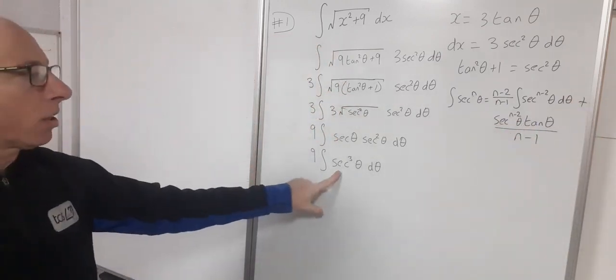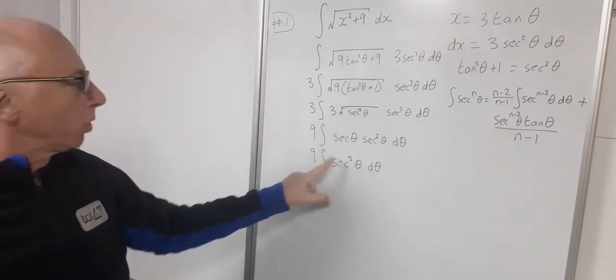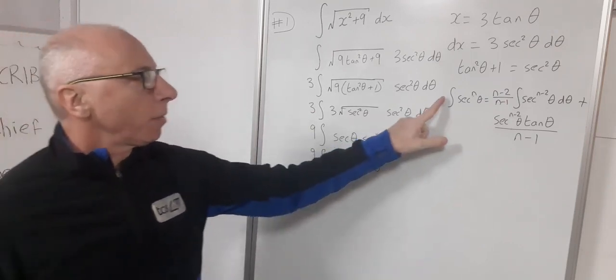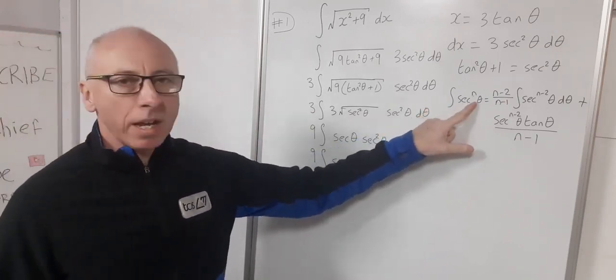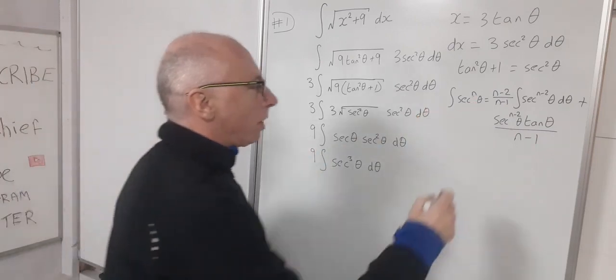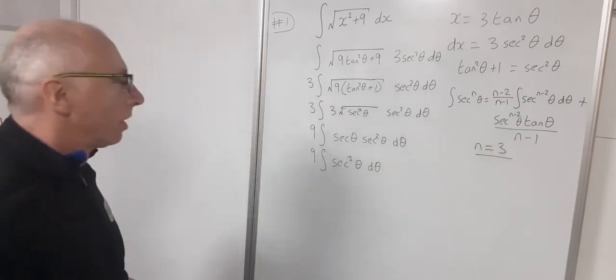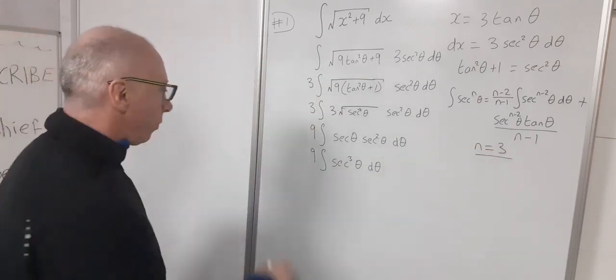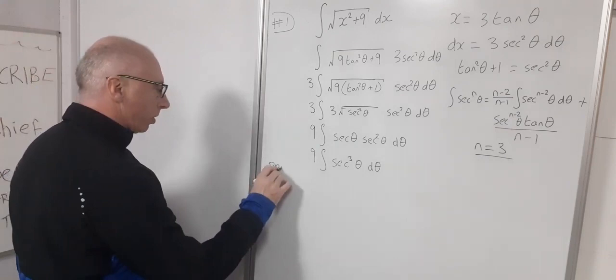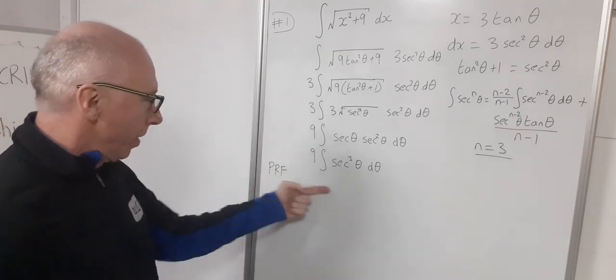So here I've got secant cubed theta d theta, multiplied by 9. So essentially if I put a 9 in front here and let my n equal 3, I've got my solution. So what I need is for n equals 3. So apply my power reduction formula. So power reduction formula, that's on this step here.